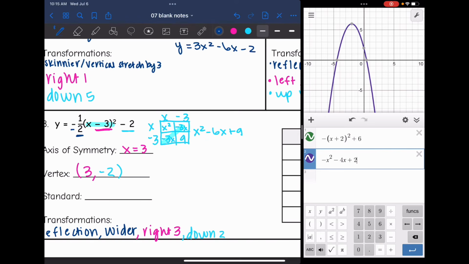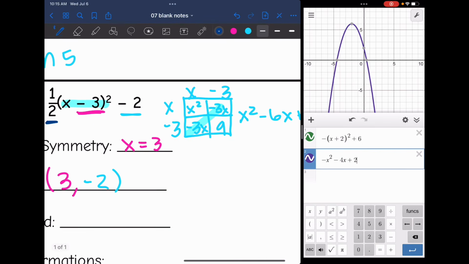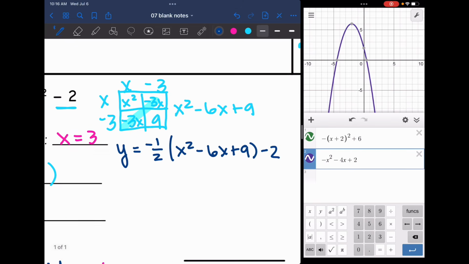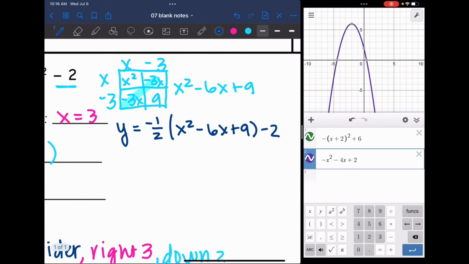So now I need to replace this with the product I just got, and I'm going to distribute a negative 1/2 to it. So it'll be y equals negative 1/2 times x squared minus 6x plus 9, and then minus 2. Okay, now I'm going to distribute the negative 1/2. So negative 1/2 times x squared is negative 1/2 x squared.